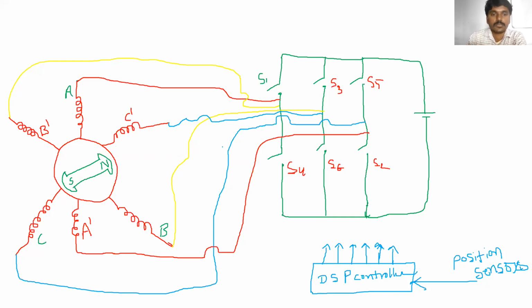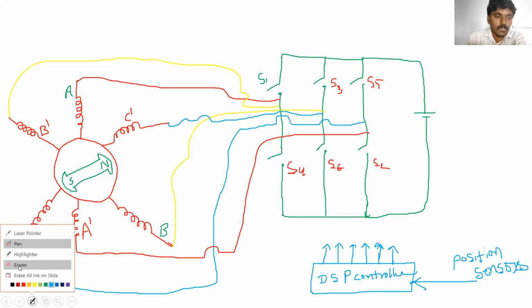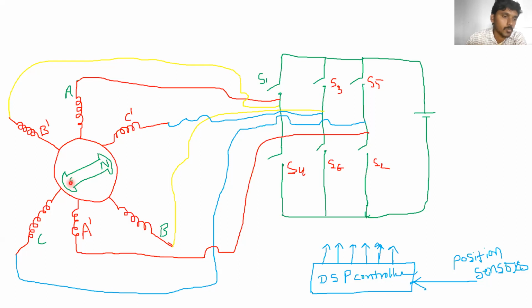So what is the operation? Let us assume, where is the rotor position? Rotor position is like this. The south pole of the rotor magnet is in this position, and the north pole is in this direction.